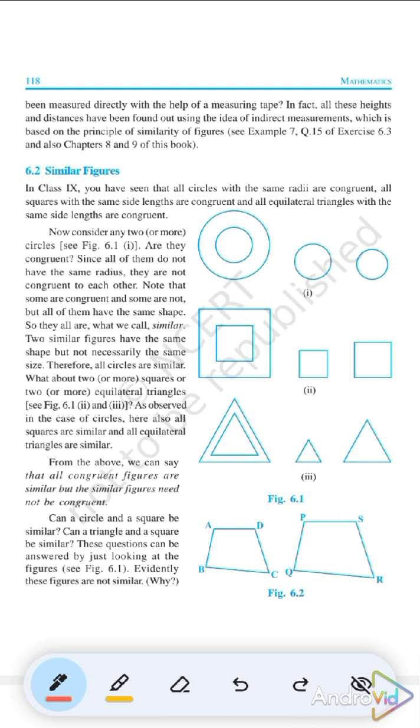But we can say that they all have the same shape. So hence we can say that these are all not congruent figures, whereas these are all similar figures. So two similar figures have the same shape but not necessarily the same size. Therefore, in this figure 1, all the circles are similar.